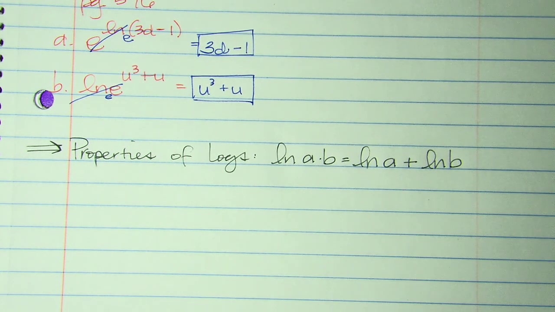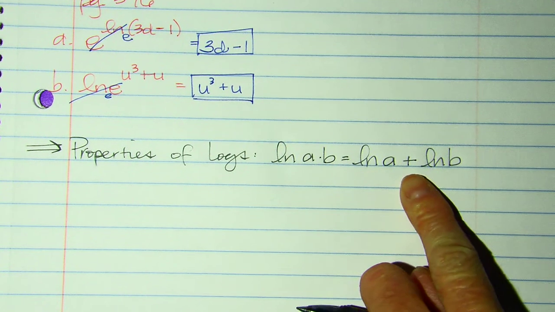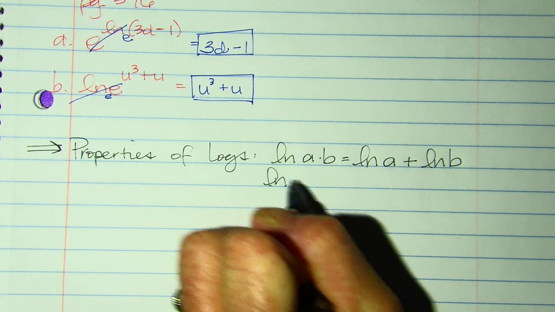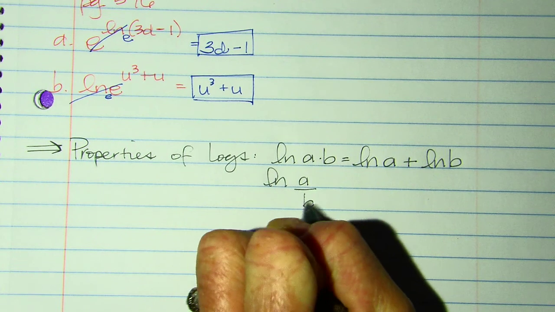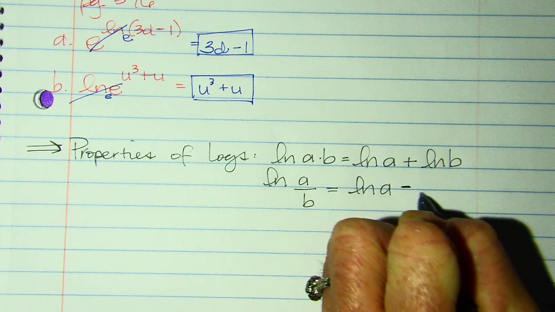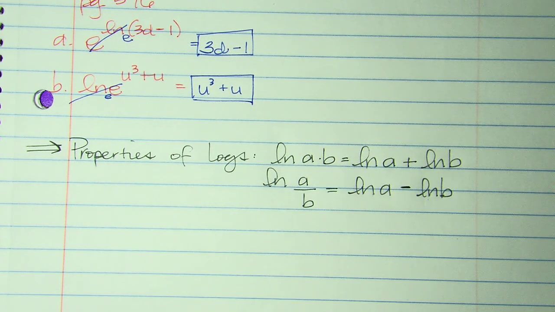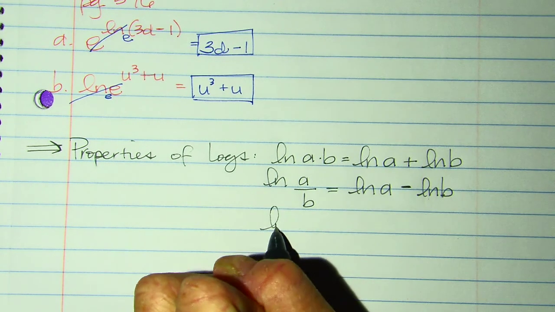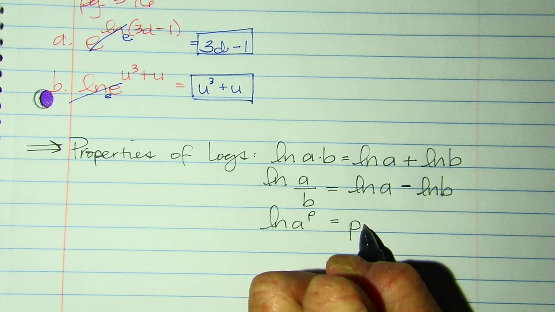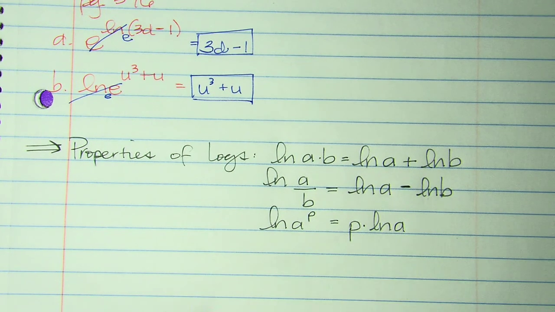It can be written as 2 different logs, and the only difference is I put a plus sign in between. The opposite is true for the next property, the natural log of a divided by b. Instead of separating them using addition, I'm going to separate it using subtraction. And then the last property is the power property, and that states when you have an exponent, it can be written out front and be multiplied by the log.